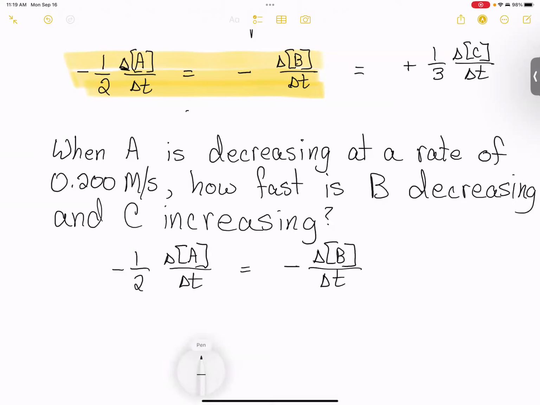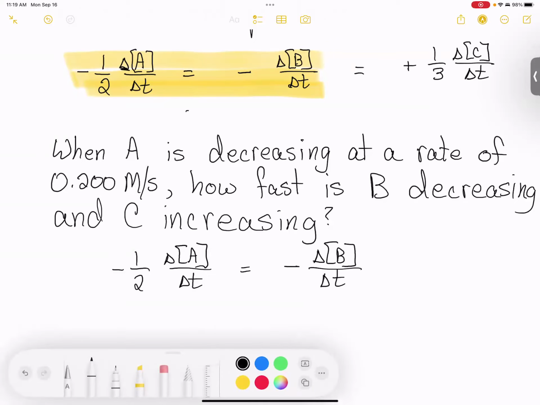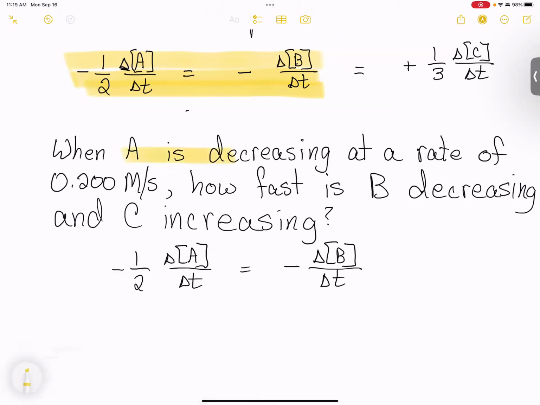Now, it was specified that A was decreasing, meaning it's a negative, it's going away.